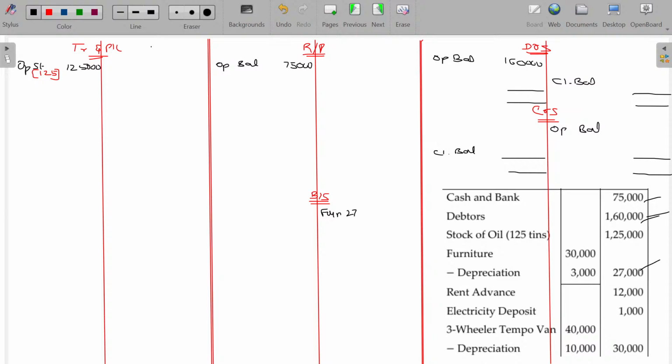Okay, 27. Rent advance. Now the interesting concept. Rent advance is one of the interesting concepts here. Rent advance is not rent paid in advance. It's about deposit.